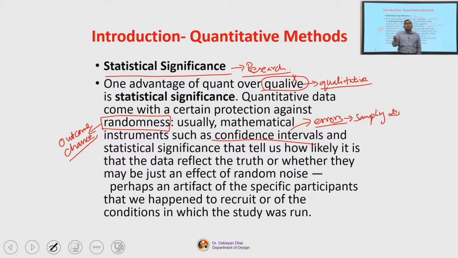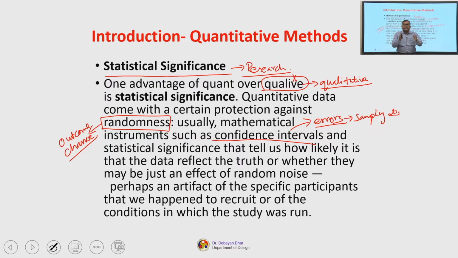The data should not be a case of randomness caused by some errors in how we collected the data, and therefore the question of statistical significance is so important. We will discuss that in detail when we discuss the research aspect of usability testing in subsequent modules.